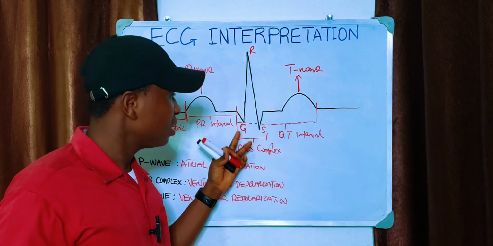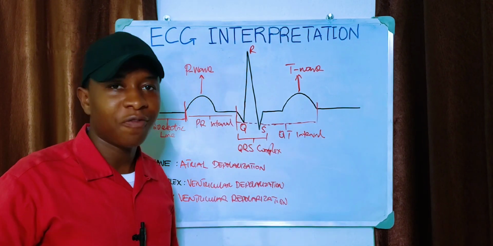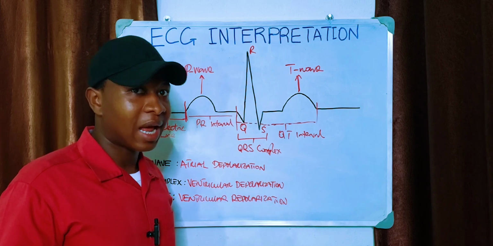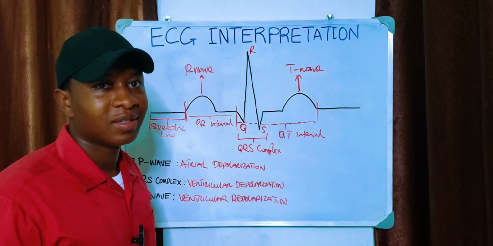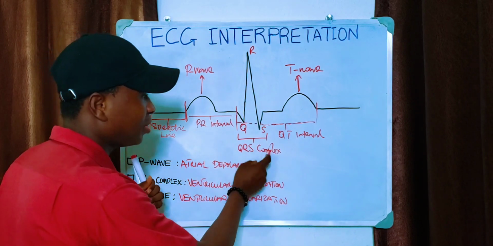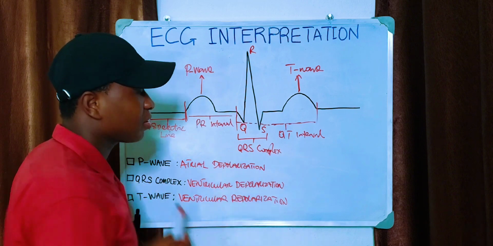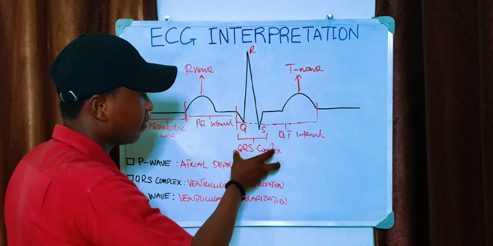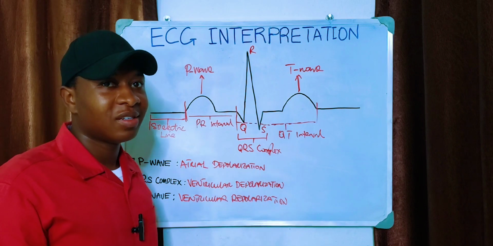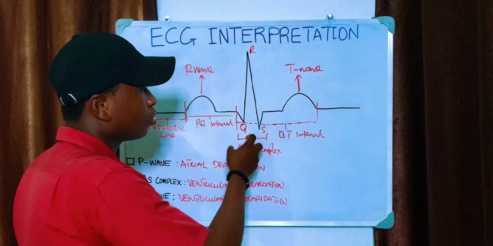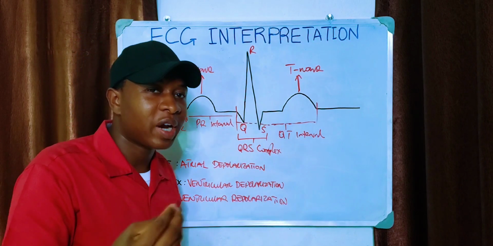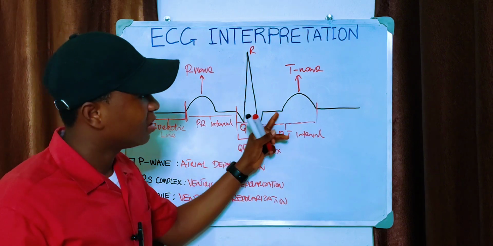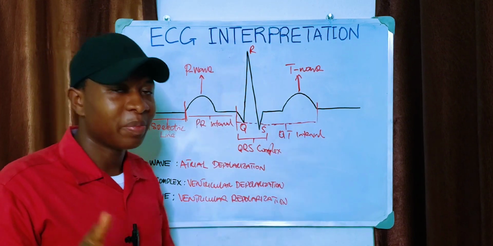So between Q and T, you have the ventricles contracting and relaxing. We also have another important interval, which I mentioned before, the QRS complex. It's the time taken for the ventricles to contract, depolarization. Then this part represents repolarization.